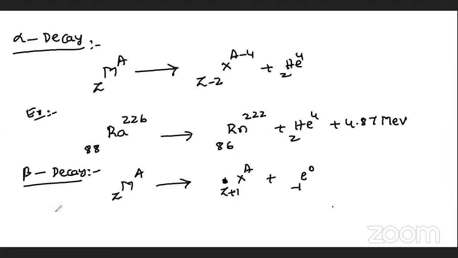Okay, example, it is thorium 90 234 gives protactinium 91 234 plus minus 1 E 0.